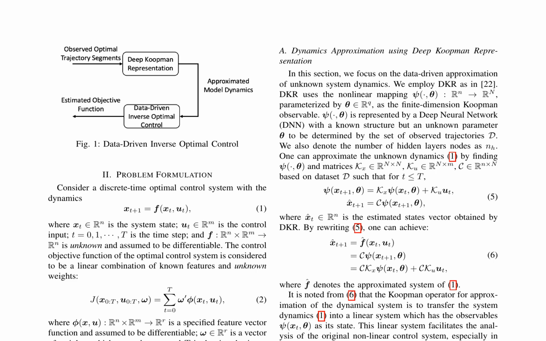A set of observed sequences of states and inputs, denoted by D, is given, where each sequence is a segment of a system trajectory that minimizes the cost function J. The goal is to develop an algorithm to estimate the unknown weight vector, using inverse optimal control with the given dataset D, without knowing the system dynamics.